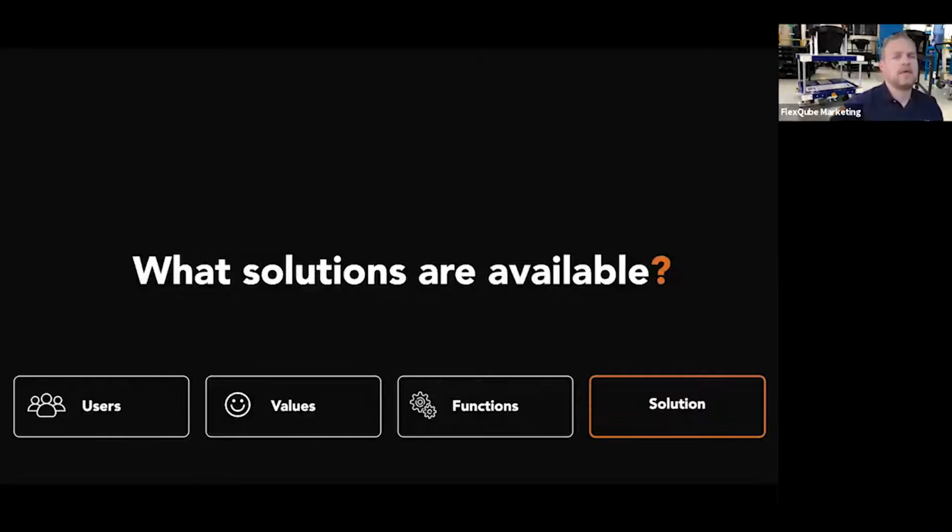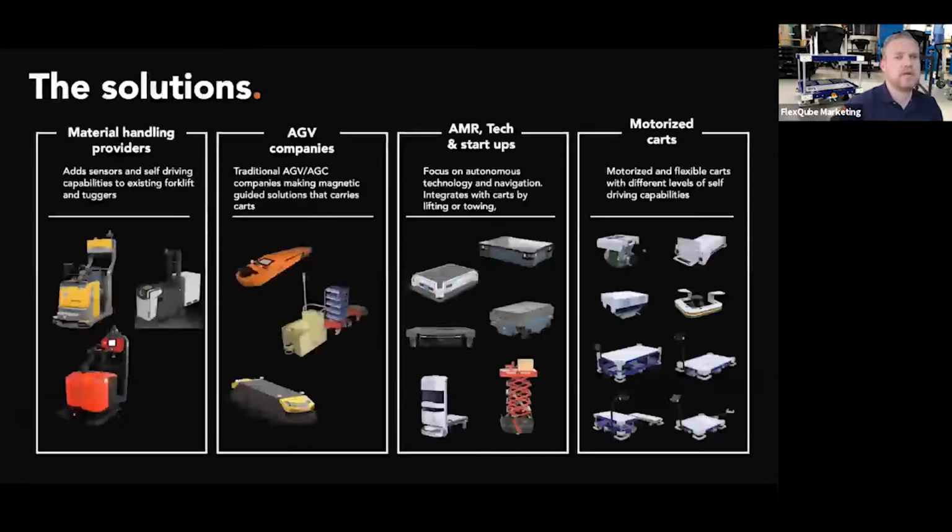And then we have the solutions, and they are the products that will fulfill the functions. And we went through those in the first webinar. So we have material handling providers, the original ones, like forklifts and tuggers that are equipped with technology in order to make them self-driving.